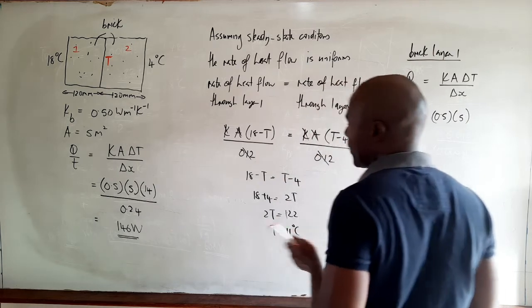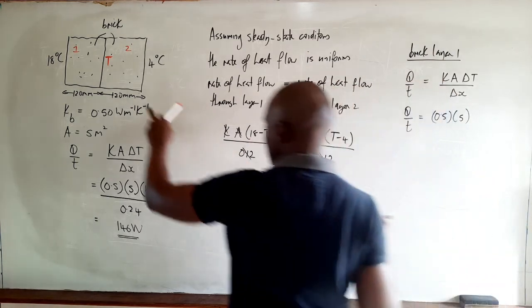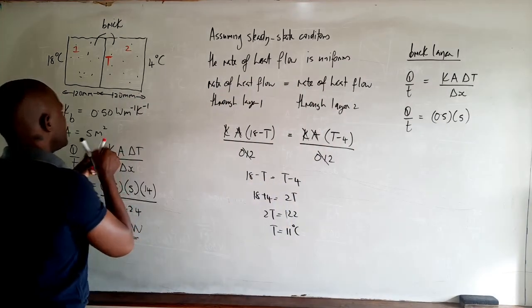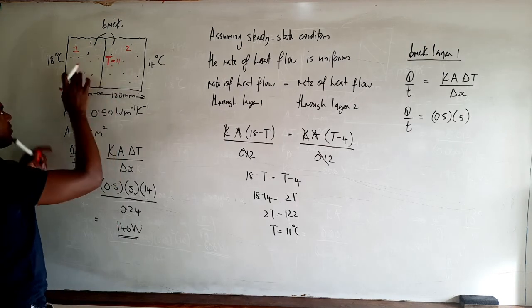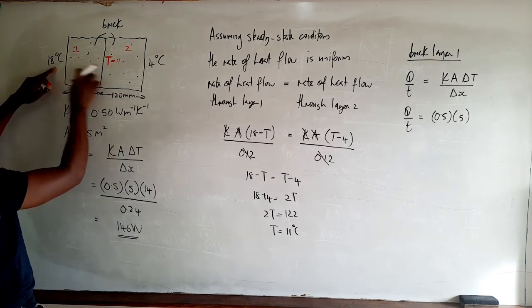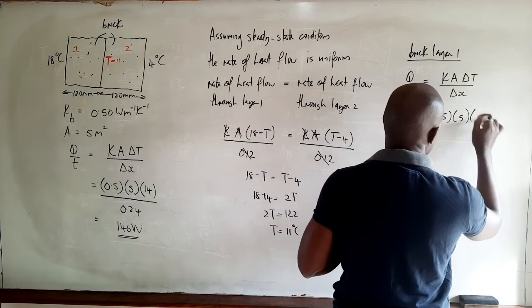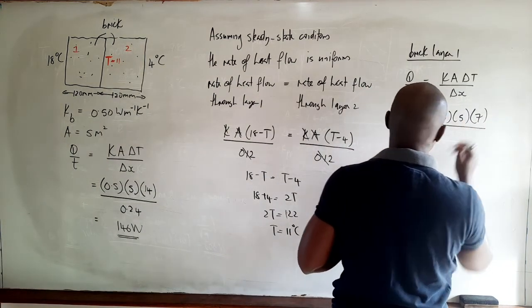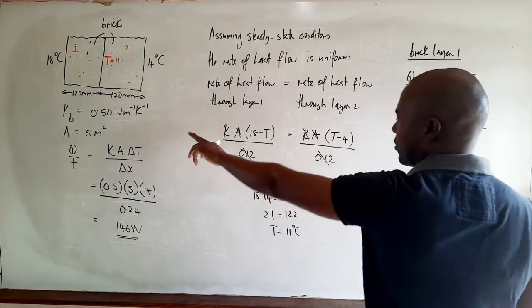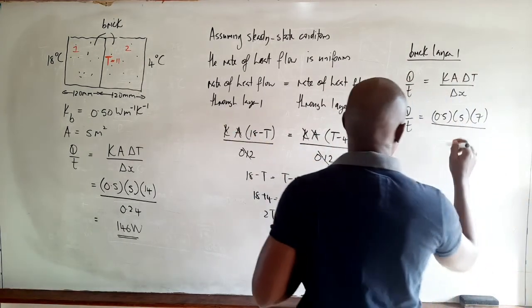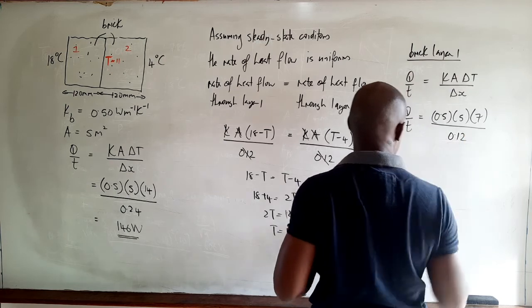Delta T, since T is 11, is 18 minus 11, which gives us 7. And the thickness delta X is 120 millimeters or 0.12 meters.